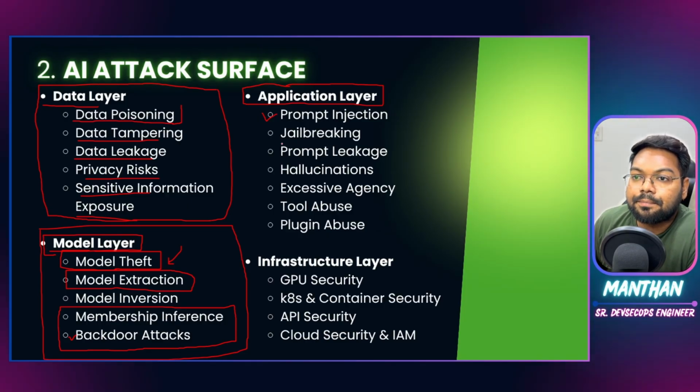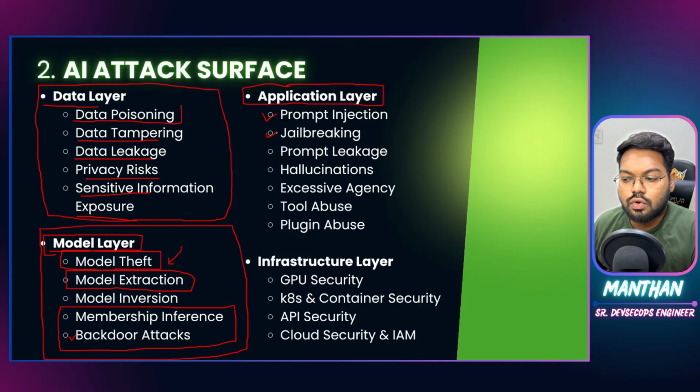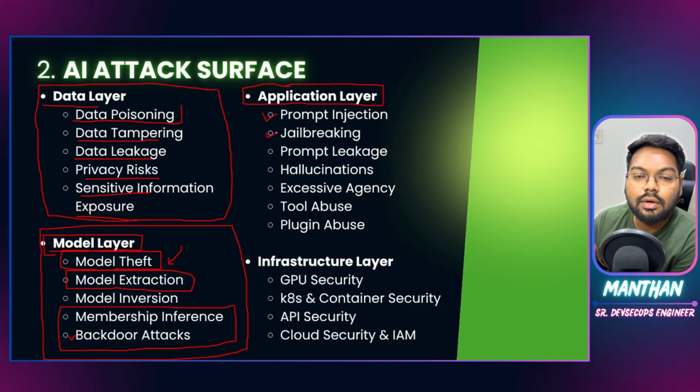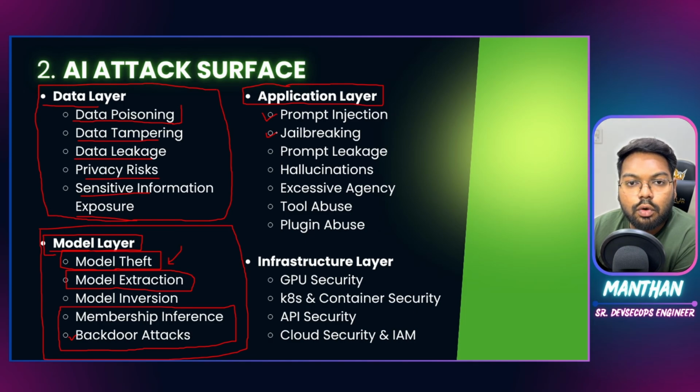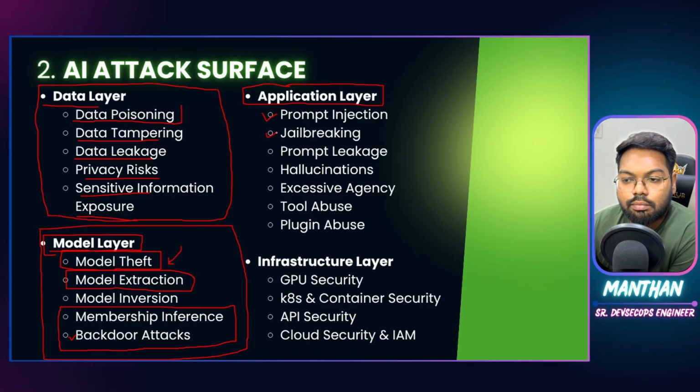Then jailbreaking, it is a kind of thing like when you ask it how to create a nuclear bomb, it is not a kind of information that is supposed to be given to any person as such. So that is highly confidential information and it should not be distributed freely to anybody.